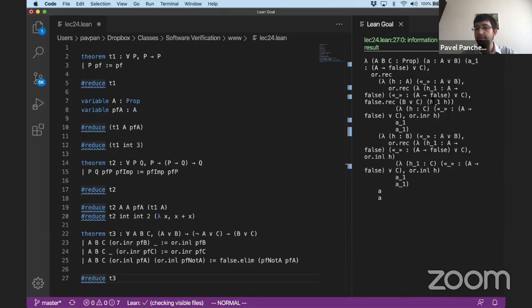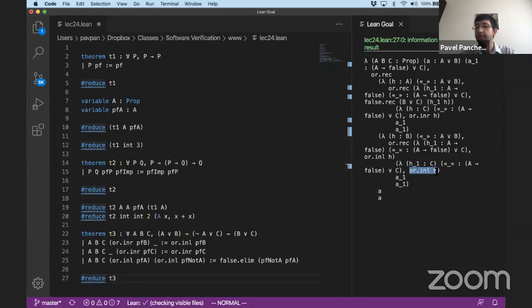In that case split, we're going to have two cases. One of them says, well, I've got a proof of A and then also a proof of not A. Here's my proof of not A. And here is false.elim applied to H1 of H, H1 being Lean's term for the proof of not A, and H being its name for the proof of A. And then here we've got this second case in our match statement.